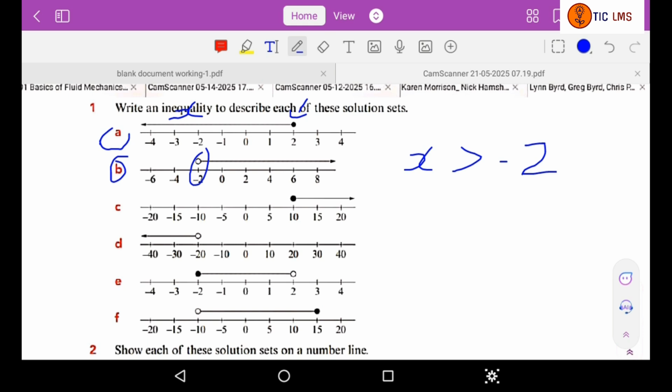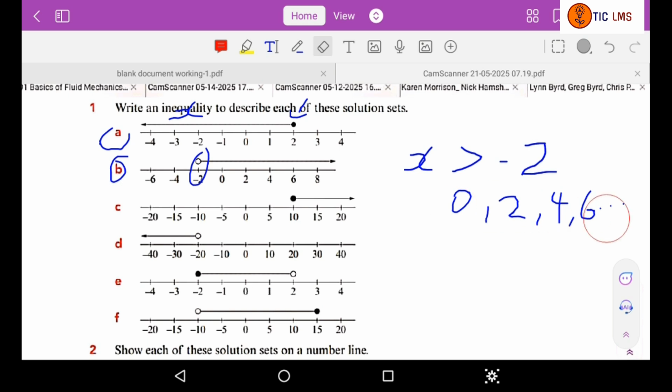We are not going to include -2, rather anything that comes to the right of -2. You can start from -1.99, -1.90, but let's just say we have 0, 2, 4, 6, and so on and so forth. Those are the values that are greater than -2.